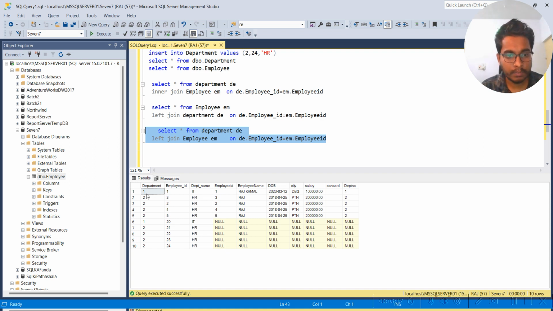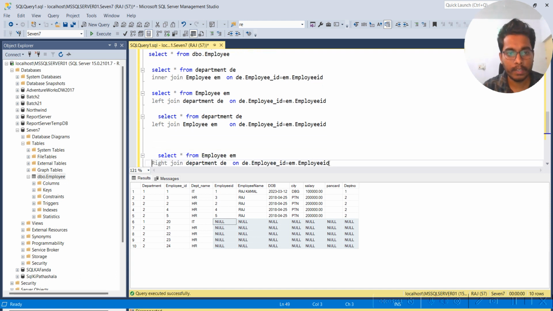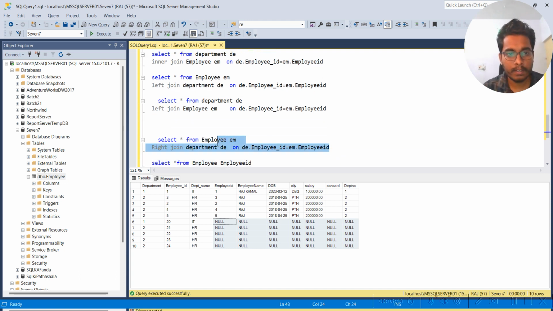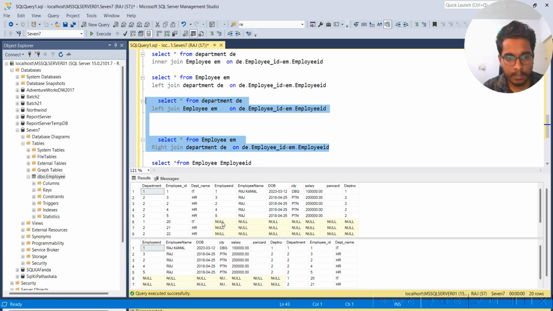And here it will be a different thing. First we will get the department ID and all the columns from the employee table, and for those for which employee ID is not matching, we are getting null values. So obviously, when we write right join here, then these two will become similar. So we have a query like this for right join, and we will compare the outcome of these two. You can see from the employee table we are getting null here.